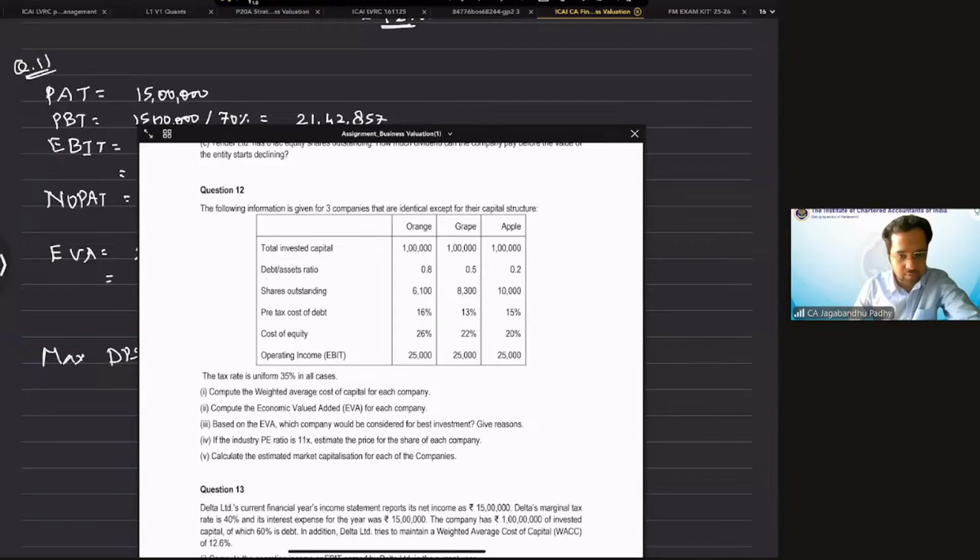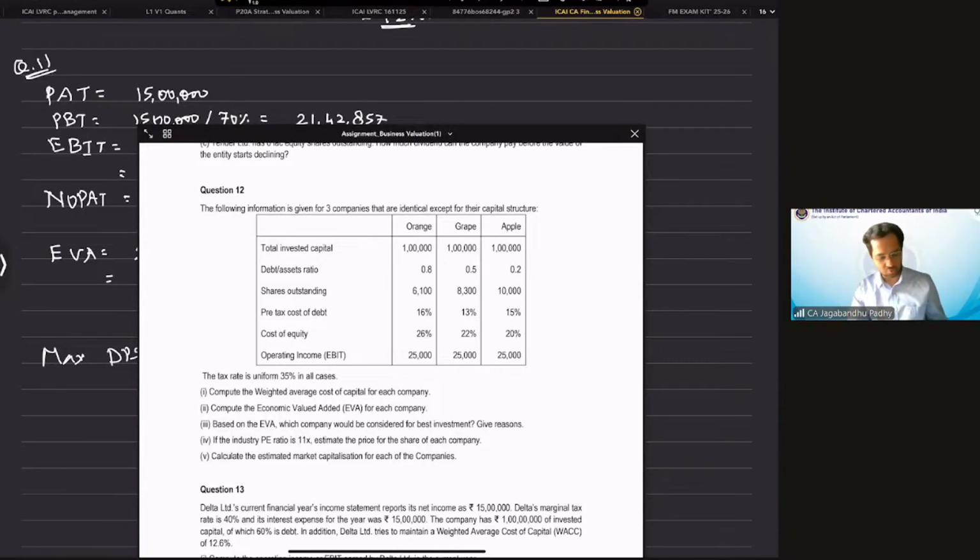To get the weighted average cost, you have to get the economic value added. Based on the economic value added, which company would be considered the best investment? And then we also have to look at what will be the price of the share if the industry P/E is 11x, and also compute the estimated market capitalization for each of the companies. The market capitalization will be, of course, market price per share multiplied by the number of shares.